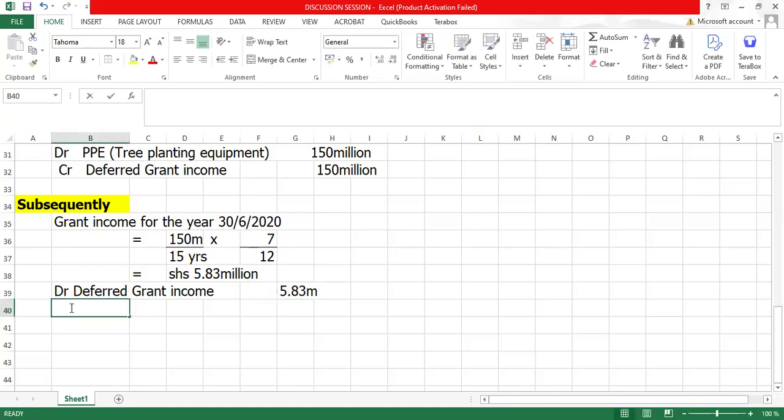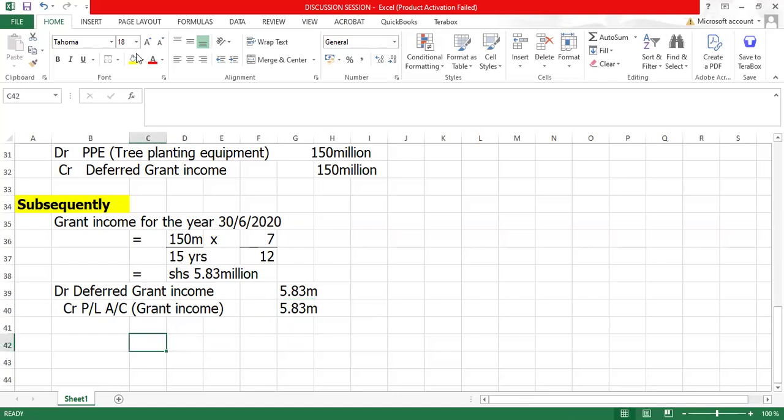Then you credit the actual income, the PL account, grant income for the year, 5.38 million, in our extract of profit or loss.